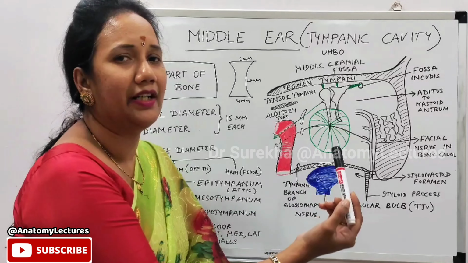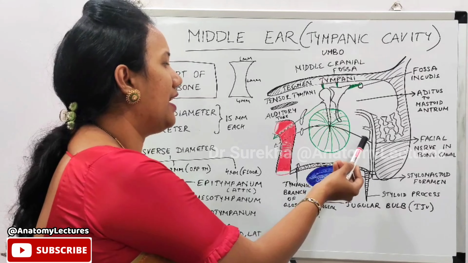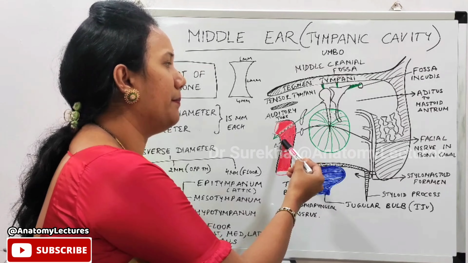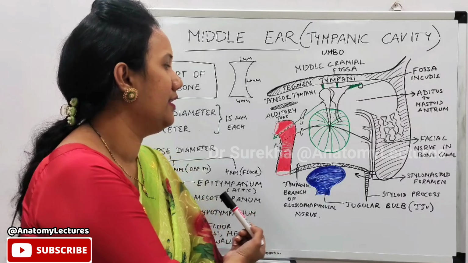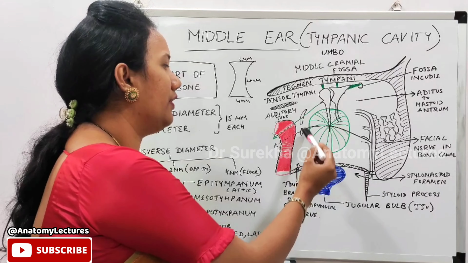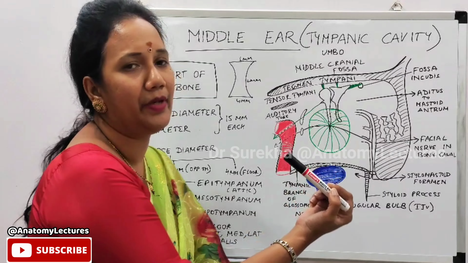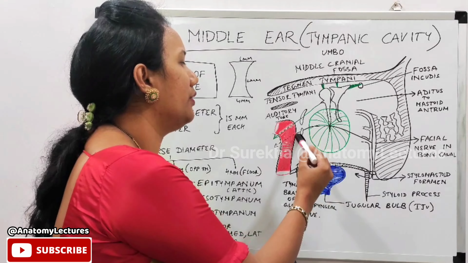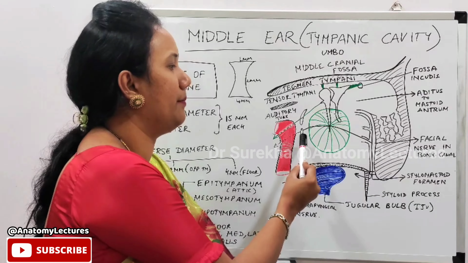This is referred to as the petrotympanic fissure, which allows for the passage of the chorda tympani nerve and the anterior ligament of the malleus. This part of the petrotympanic fissure through which the chorda tympani nerve passes is referred to as the anterior canaliculus of the chorda tympani nerve.